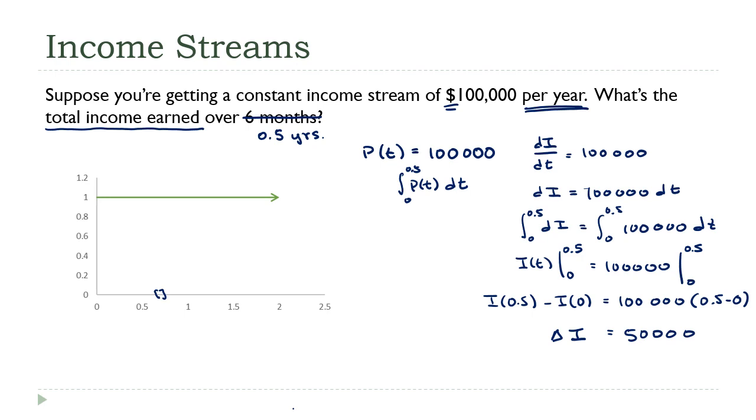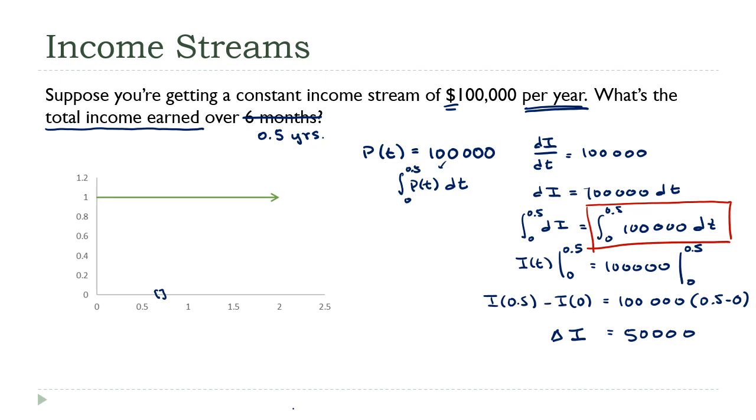If I actually went ahead and did this integral that I originally said, we'll notice that it is exactly this integral here, so this does give us the result we want. And just for checking purposes, if you really want confirmation that we're on the right track, given that the income stream is constant, you can treat this as a very basic algebra problem: the rate times the time is equal to dollars.